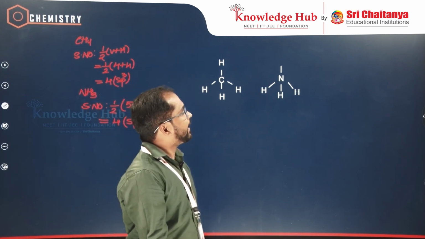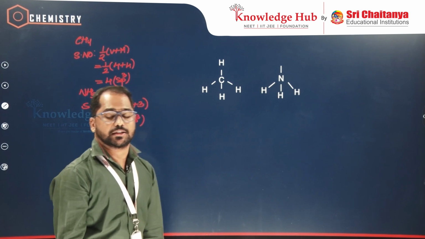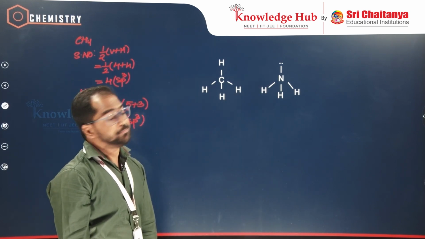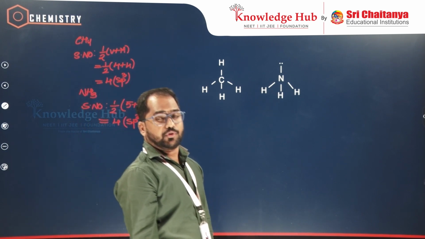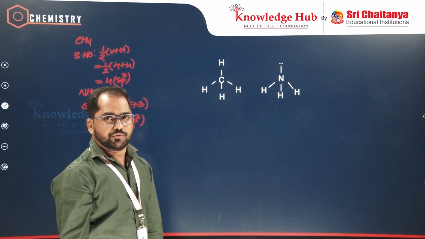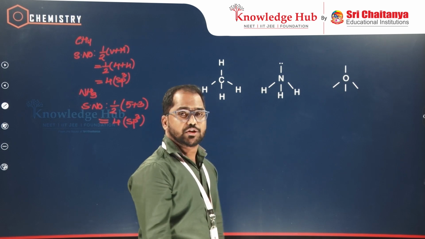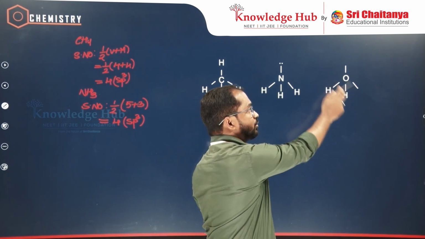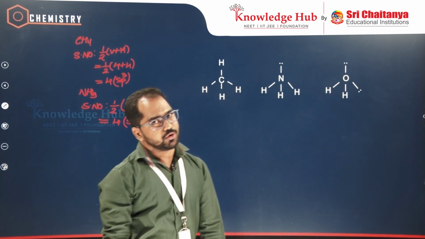We can keep the 3 hydrogens in this way, and the other position is going to be a lone pair of electrons. Similar to CH4 and ammonia, we can go for the water molecule, in which oxygen has the same geometry and there are only 2 hydrogens and the other 2 positions are going to be 2 lone pairs.